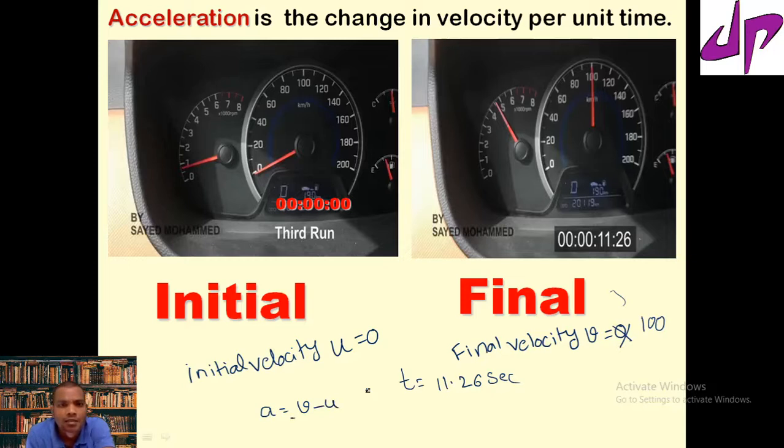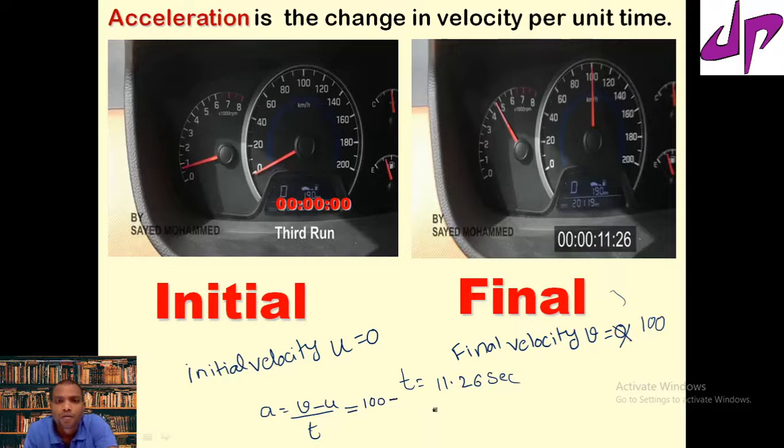After substituting the values, V equals 100 and U equals 0, divided by time 11.26.